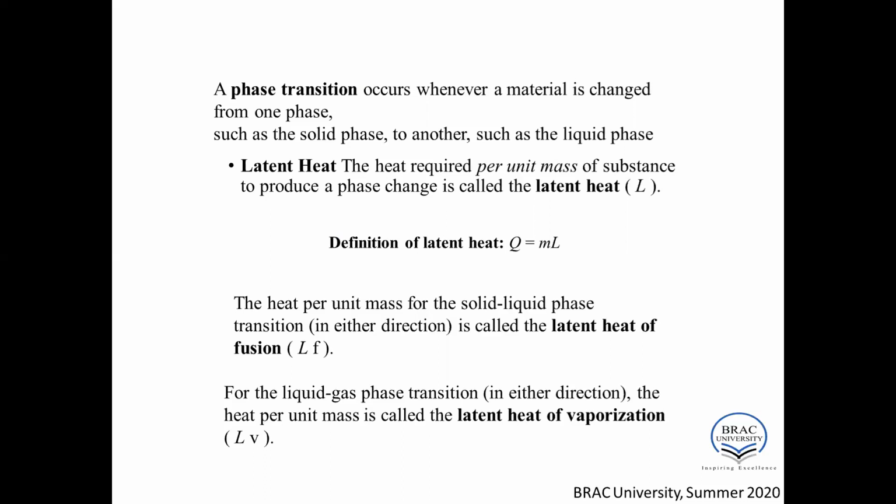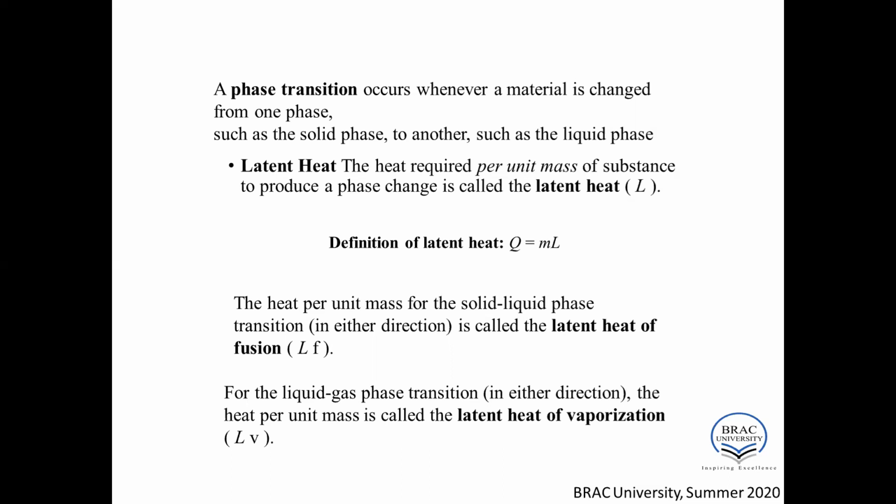So first one is latent heat. The heat required per unit mass of a substance to produce a phase change is called the latent heat. Latent heat is important due to phase change, from solid to liquid or liquid to gas, without changing the temperature.